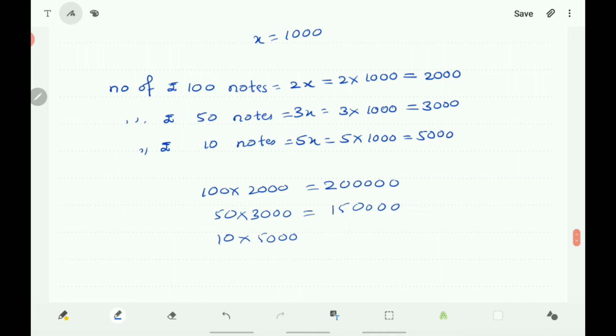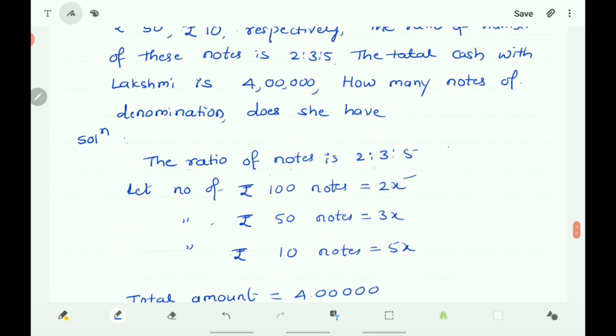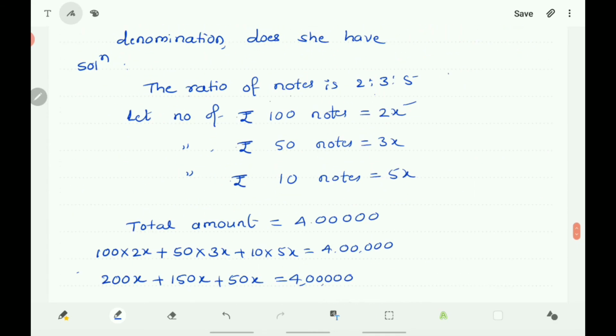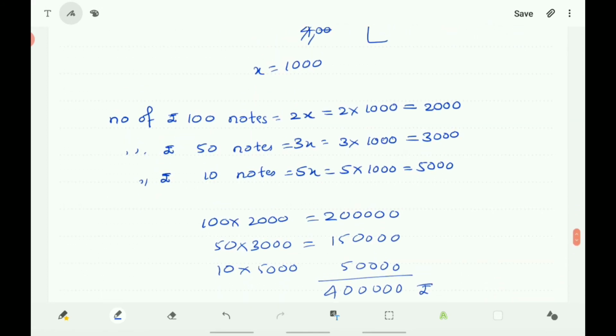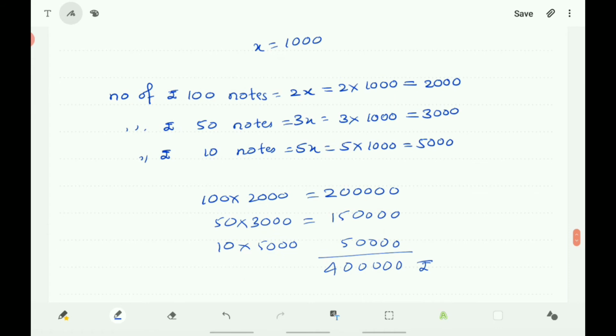Next here it is again 4 zeros, 10 into 5000, that is 50,000 you will get. Then add them, that becomes 4 lakh here. How much amount you got? She is having 4 lakh rupees, that is 2000 100 rupees notes, 3000 50 rupees notes, 5000 10 rupees notes, and total amount becomes 4 lakh rupees.